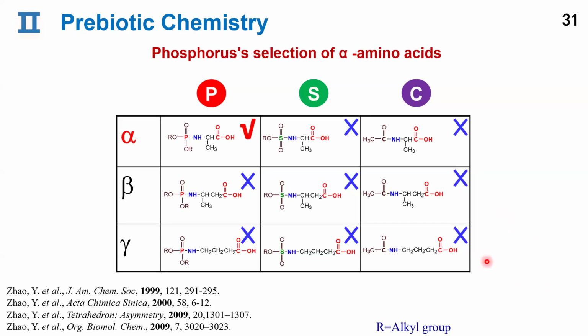You can see three types of amino acids here: alpha, beta, and gamma. When we compare how these react with phosphorus-containing compounds, only alpha amino acids formed stable phosphorus-mediated bonds, shown in red.